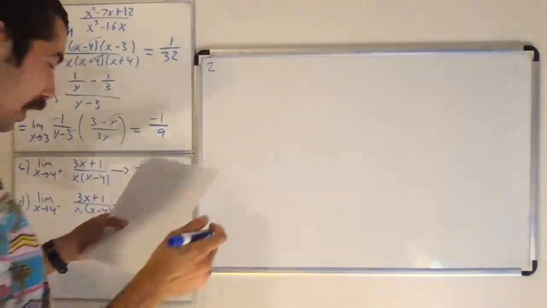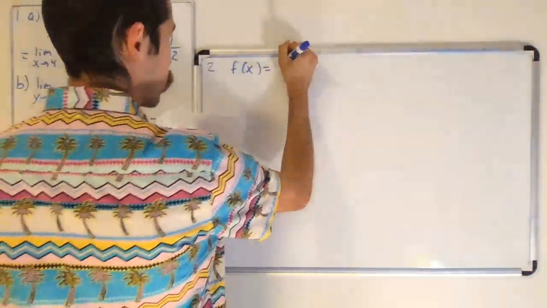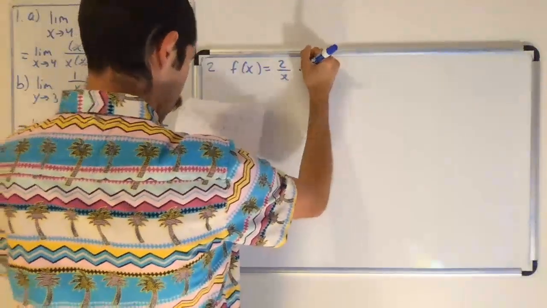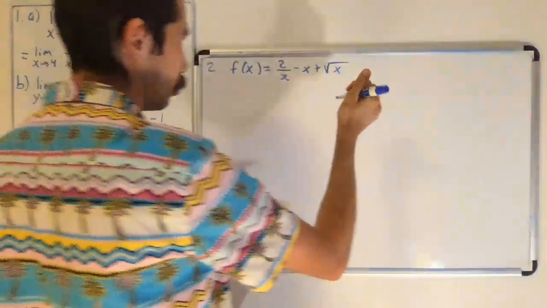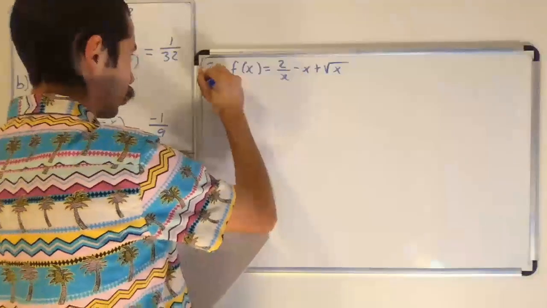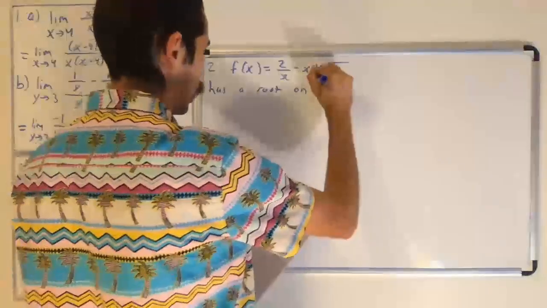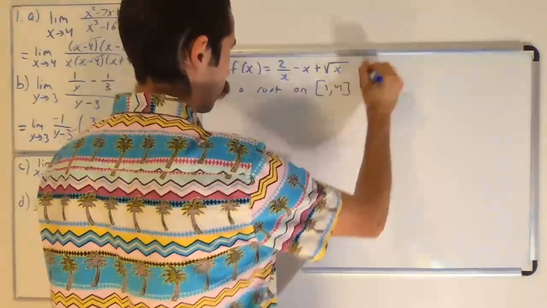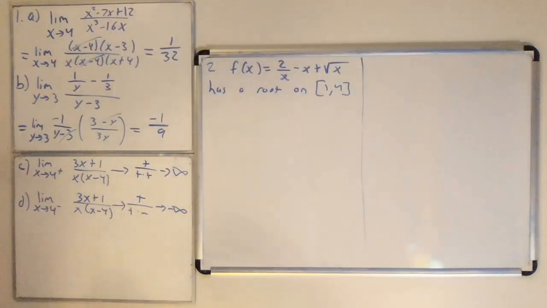We want to show that the function f of x equals 2 over x minus x plus the square root of x has a root on the interval 1 to 4. Okay, and the way we show that a function has a root is we're going to use the intermediate value theorem.